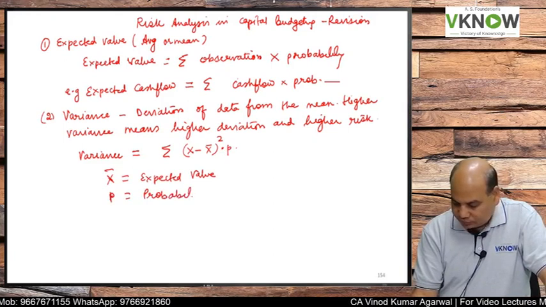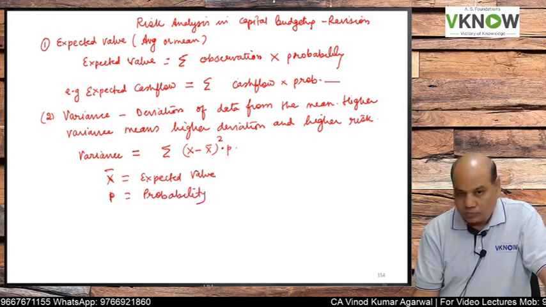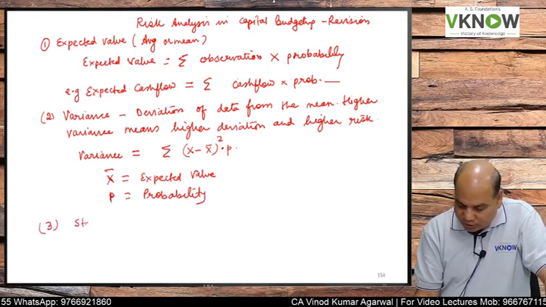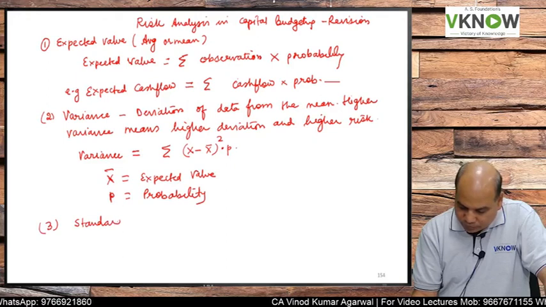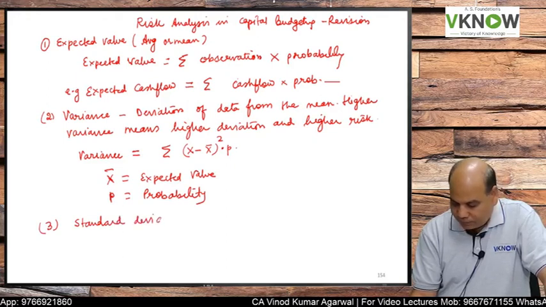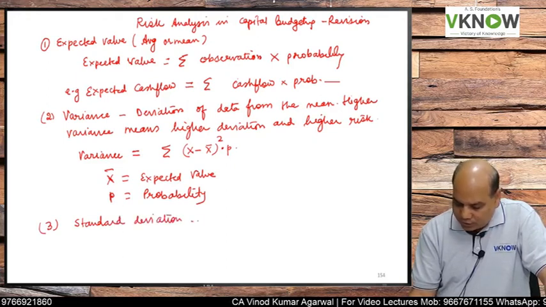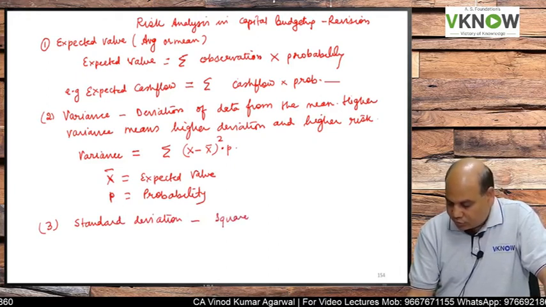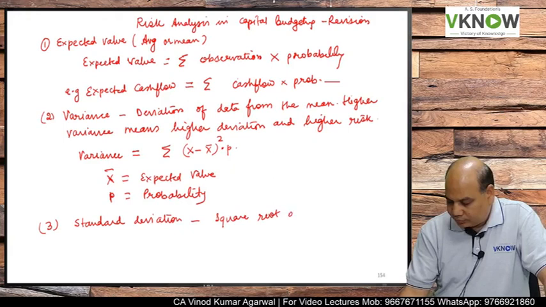Probability. And then we calculate standard deviation. Standard deviation is the square root of variance.